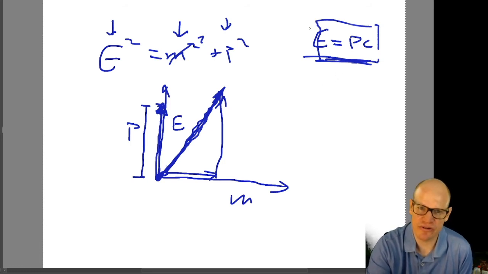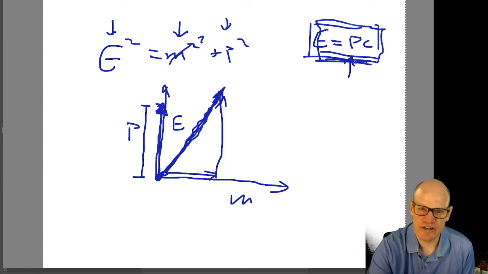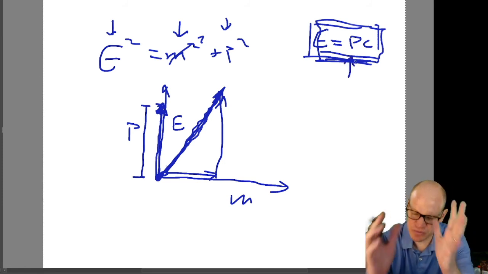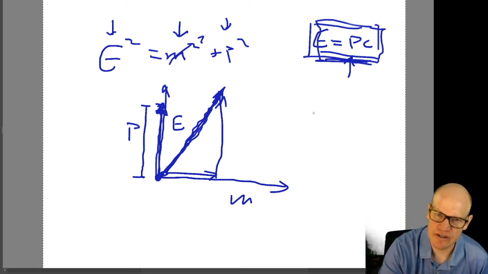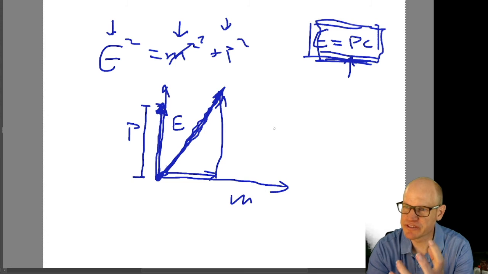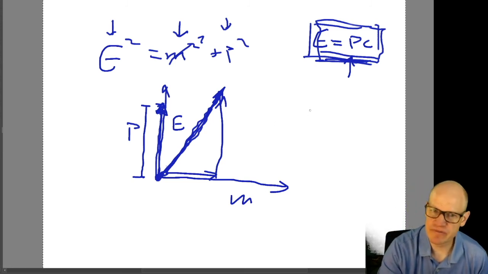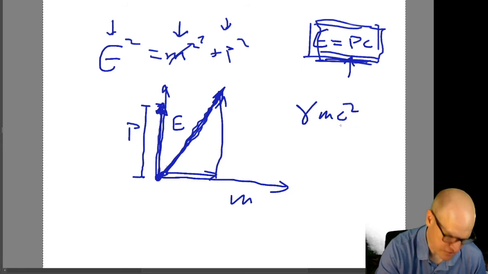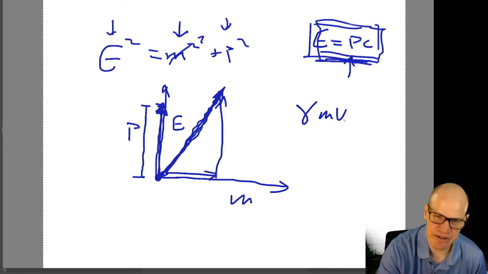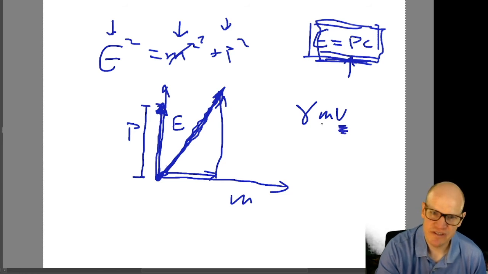So any massless particle, that is the momentum that a photon has. I guess this is where this comes up: you may be asked the question, what is the momentum of a photon? What is the momentum of an object that's moving at the speed of light? And in that case, you can't use gamma mv, because v is a number that's always less than 1, and so this doesn't apply.